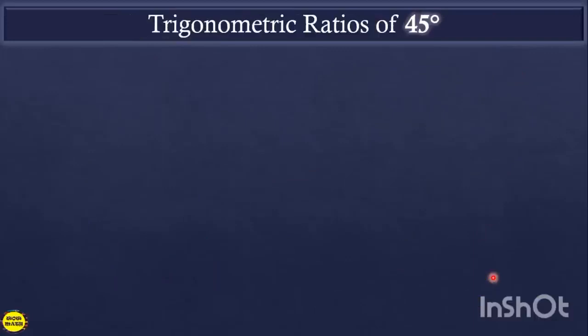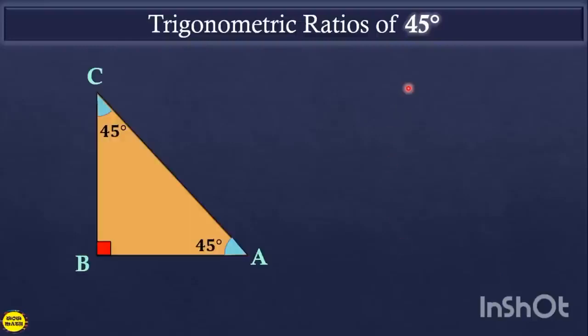Now, let us proceed for finding the trigonometric ratios of 45 degree angle. So, ito po yung ating triangle. Now, since we are looking for the trigonometric ratios of 45 degree angle, ibig sabihin, yung ating right triangle ay 45-45 yan. Okay?